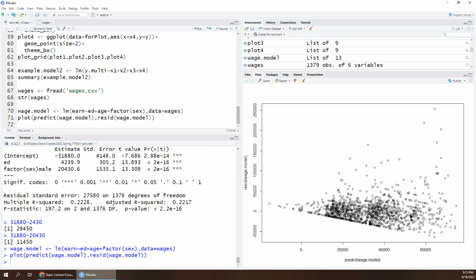The residuals do get larger on one side, which isn't really the end of the world. But what's probably more worrying is that there's this weird cutoff line happening. So take a moment and again, think about why this particular thing might be happening.